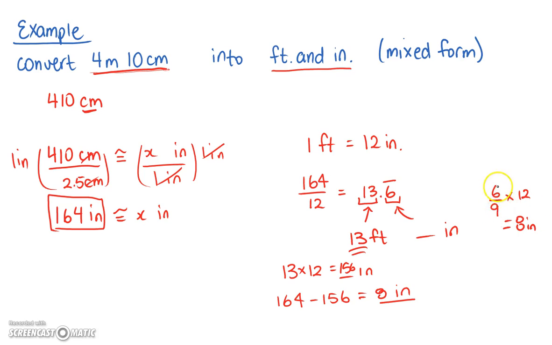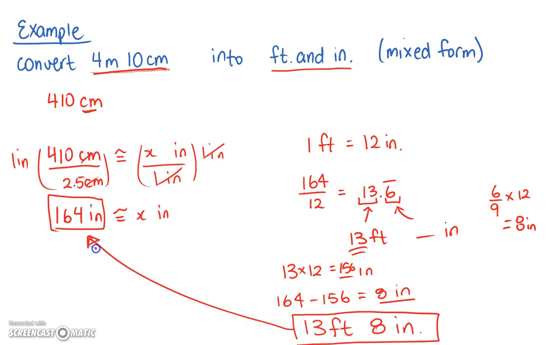So there's a way of working with fractions, or you can look at the whole portion and figure out the remaining inches. Ultimately, what you have is 13 feet and 8 inches for your mixed format, which is equivalent to your 164 inches.